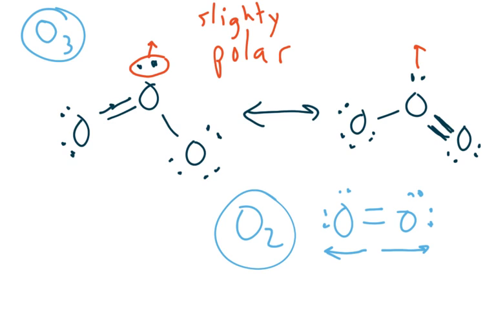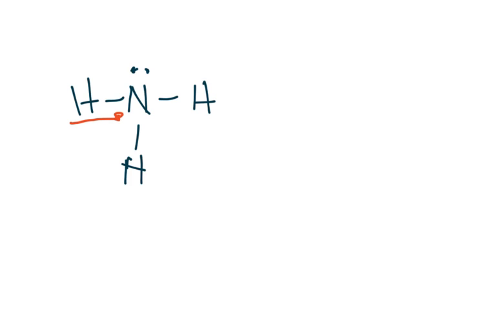Now let's look at some more traditional ones. Ammonia, when you draw ammonia, it's trigonal pyramidal, and look at this, there's a lone pair there. The greedy element is nitrogen. So notice how all the arrows are pointing towards the middle.